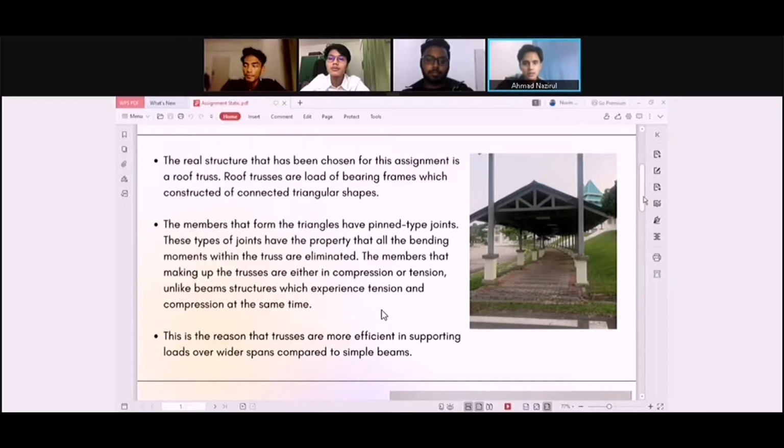The members making up the trusses are either in compression or tension, unlike beam structures which experience tension and compression at the same time. This is the reason that trusses are more efficient in supporting loads over wider spans compared to simple beams.